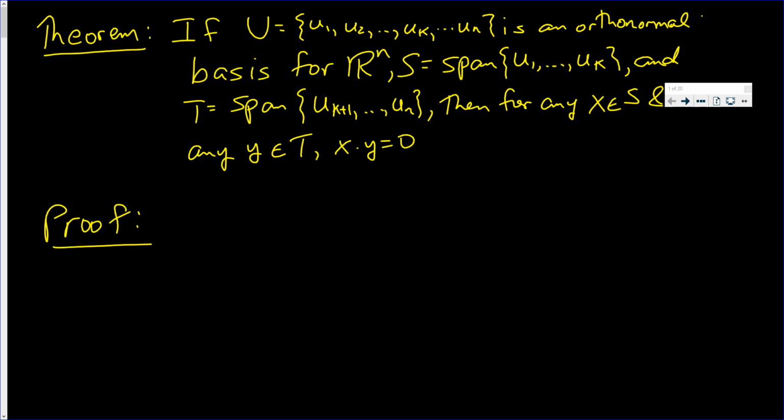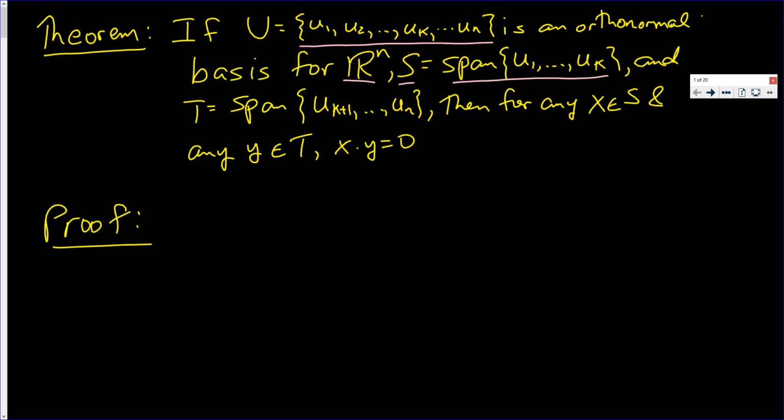In this video, we are given an orthonormal basis U for Rn. And then we're going to let set S be the span of the first k vectors in U, and we're going to let T be the span of the remaining vectors in U. Then if we take any vector x in S and any vector y in T, it is going to be true that x dot y is going to be 0.